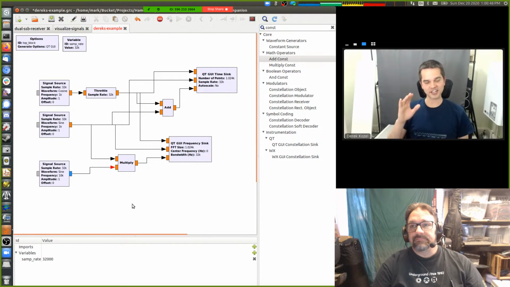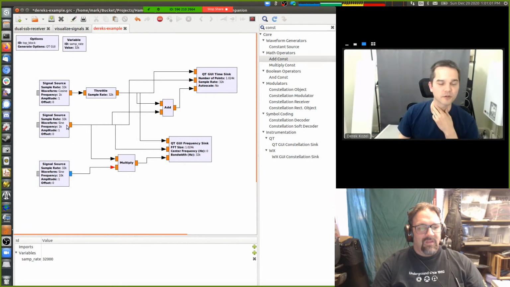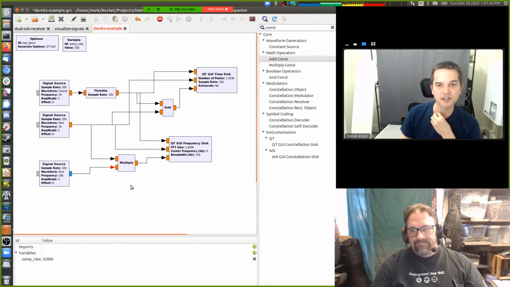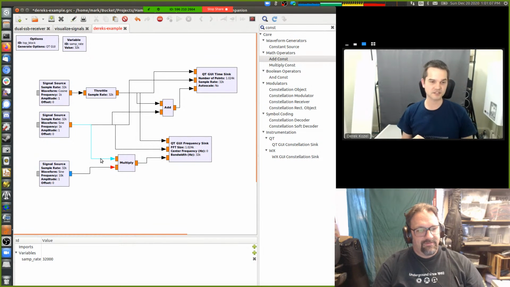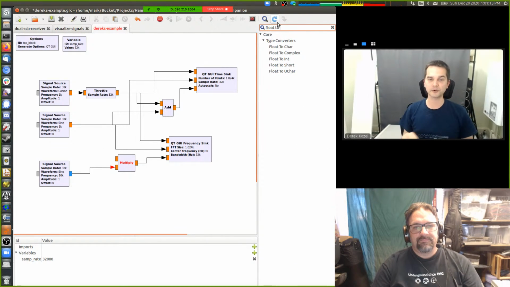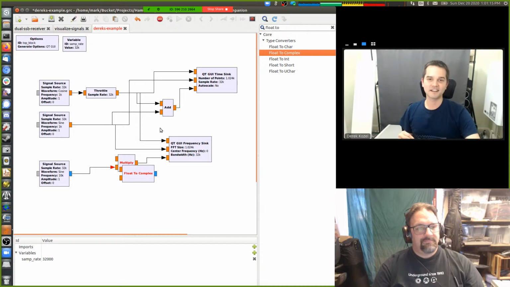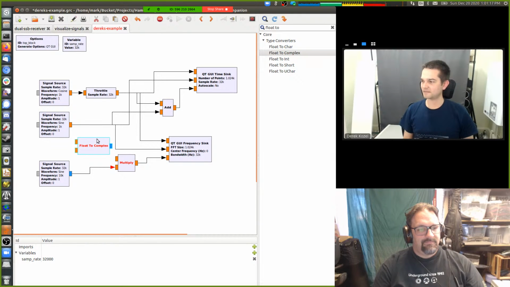Sorry, getting distracted by chat. What you'd see in the frequency domain is only the positive frequencies. And I guess that's the key takeaway: why do you only get the positive frequency there? So in order to do this now, we'll have to put in a float to complex and a constant source to turn that one into an in-phase signal plus a 0 Q. Oh, got it.